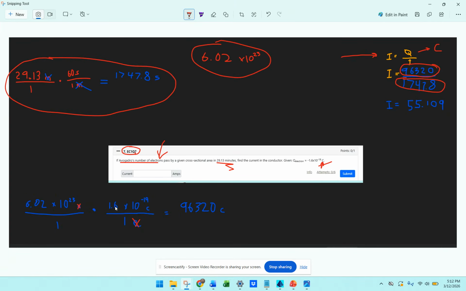So we do the same process down here using dimensional analysis, just like before, only here we start with this number of electrons. That's kind of hard to see, but that will say an E there for electrons. And then we multiply it times how many coulombs there are in one electron, which is a very, very small number. So we have a huge number times a small number, and these units get canceled. We're left with coulombs, which is what we want.